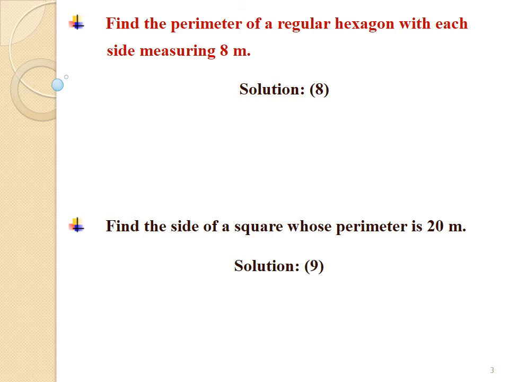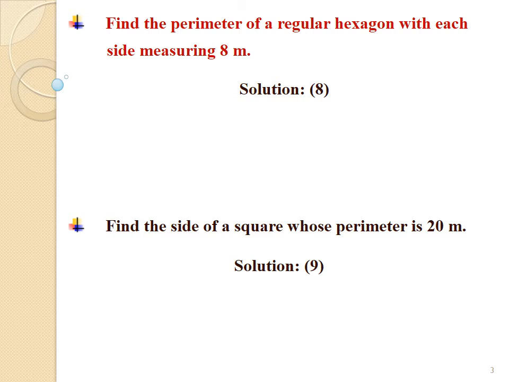Students, we know that a regular hexagon is a closed shape polygon which has 6 equal sides and 6 equal angles. Students, we know that perimeter of a square is 4 into side. Perimeter of equilateral triangle is 3 into side. Similarly, perimeter of a regular hexagon is 6 into side.